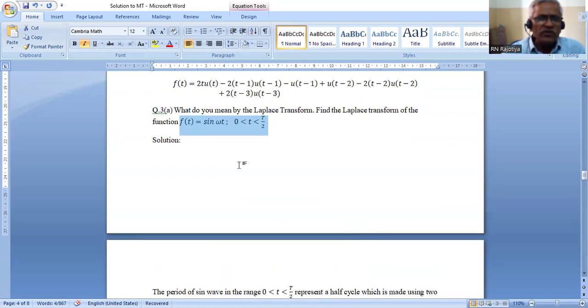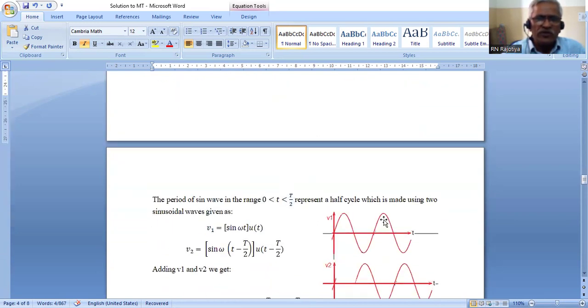So you need to give the solution to sine omega t for the range t from 0 to T by 2. You don't need to consider the full wave, but only the wave from here to here, 0 to T by 2. So how will you get this T by 2? If you cancel the complete other way, after this you need to cancel this one.